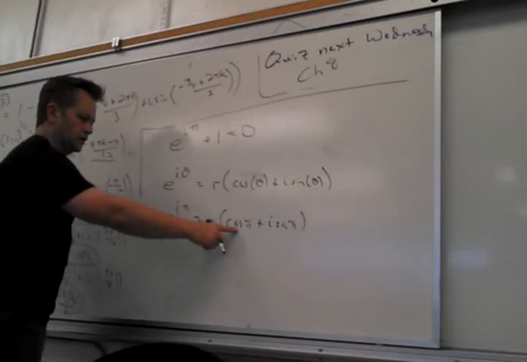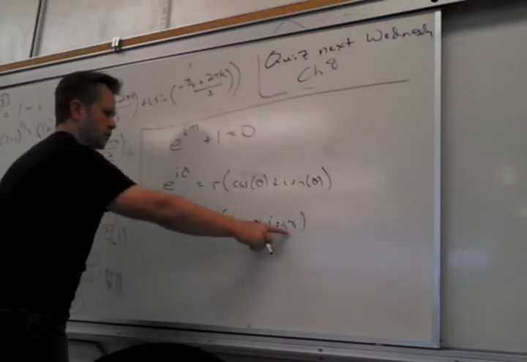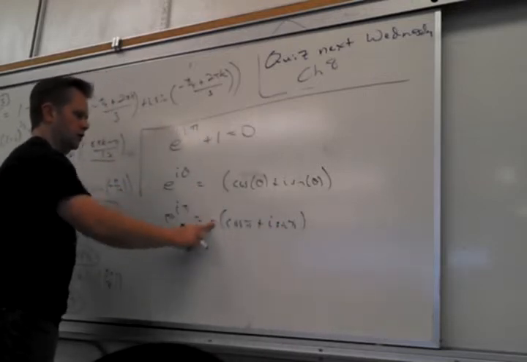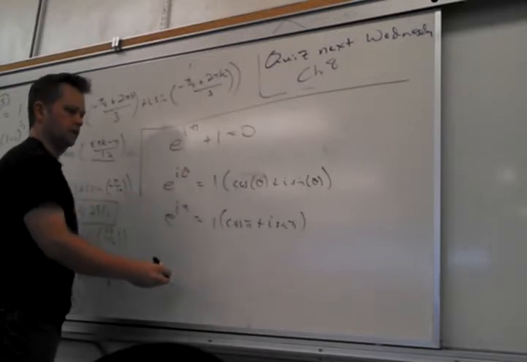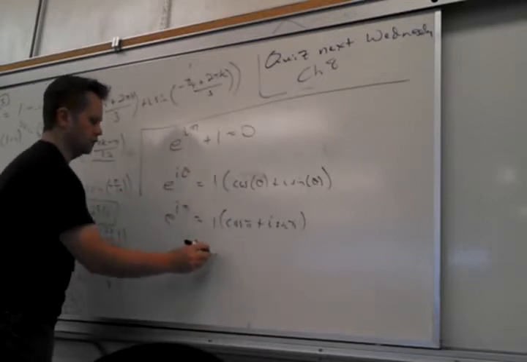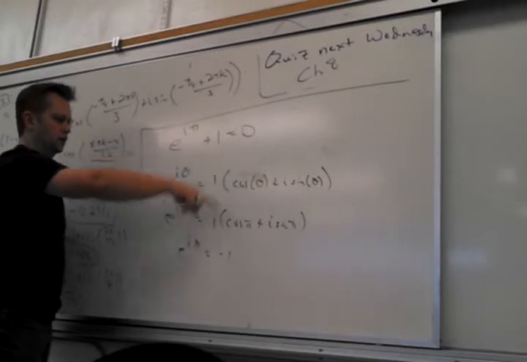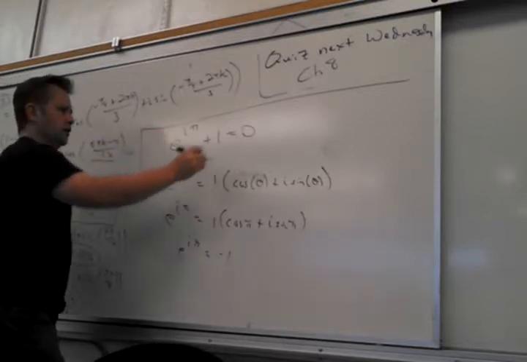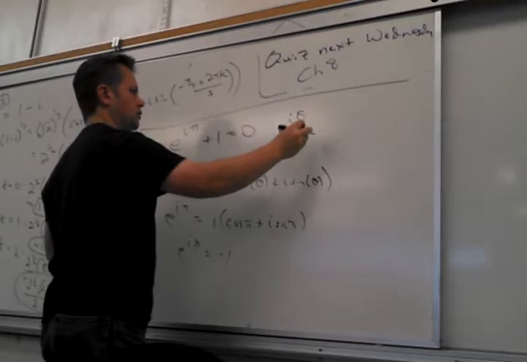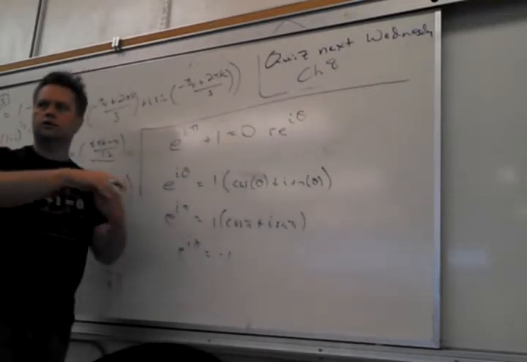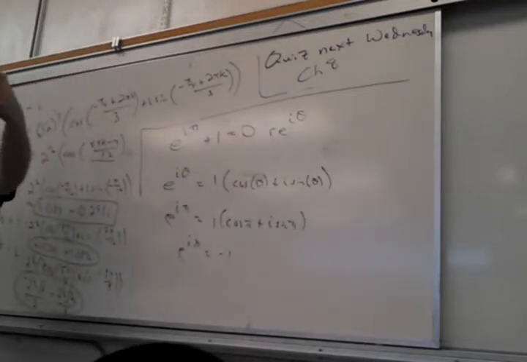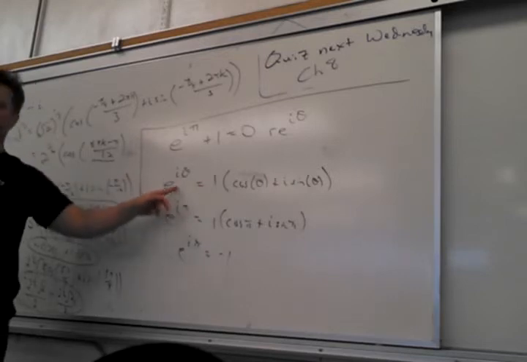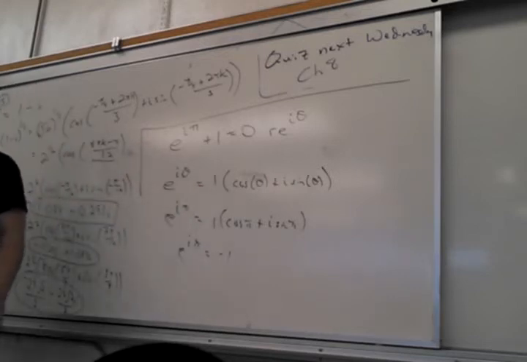And cosine pi is -1, and sine pi is 0. And this is on the unit circle, bam, bam. So this would be e to the i pi equals -1. Therefore, e to the i pi plus 1 is 0. Isn't that crazy? And the r thing, I'm sorry about the r thing, I forgot. e to the i theta is on the unit circle, so then you multiply by r to be whatever. So the r is 1 if it's just e to the i theta.